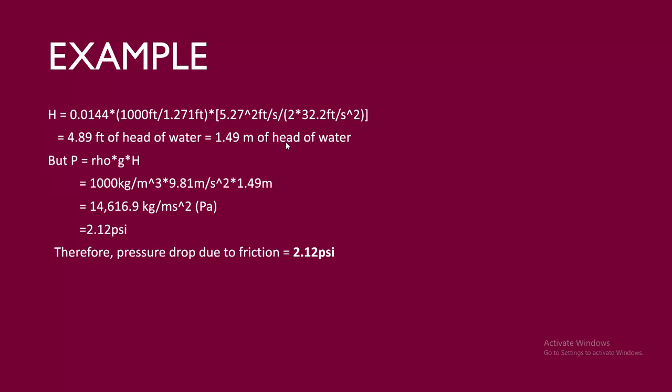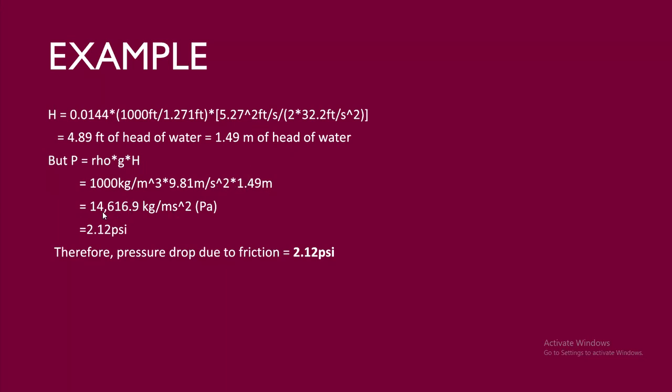But if you remember now, we're given a head in meters of head of water, but we want to calculate in terms of pressure drop. We know that P is equal to rho g h, which is density times acceleration due to gravity times our head. Density of water is 1,000 kg per cubic meter. Then g is 9.81 meters per second squared, times the h we calculated above.